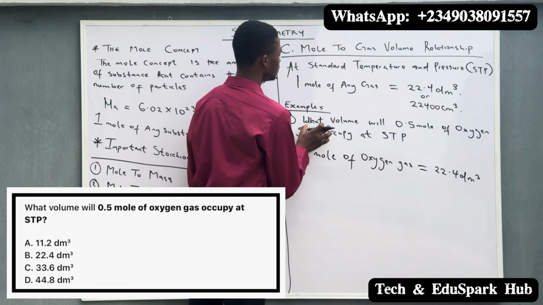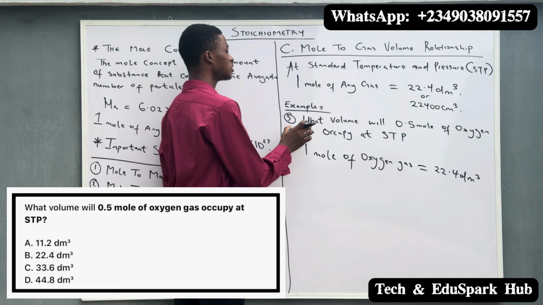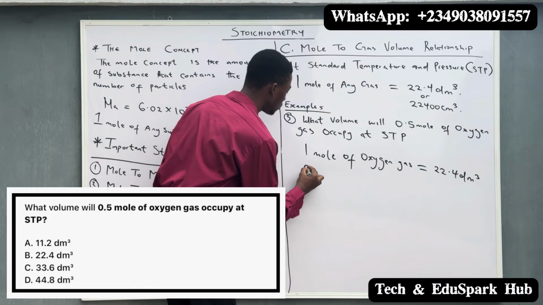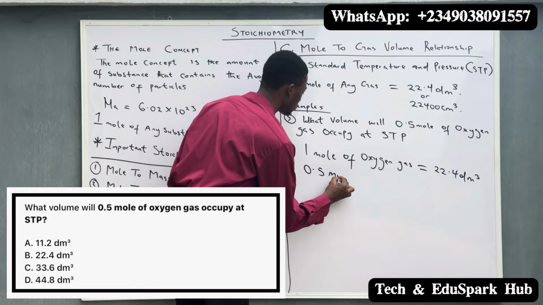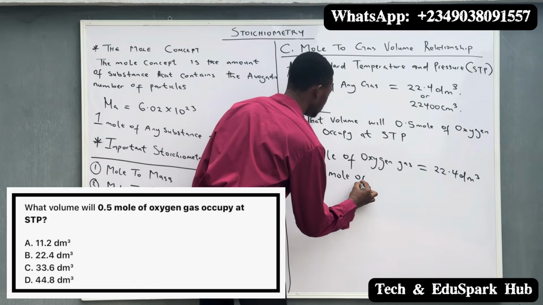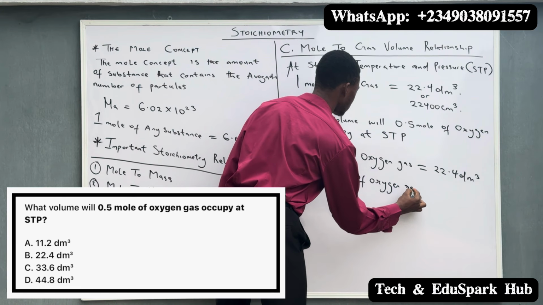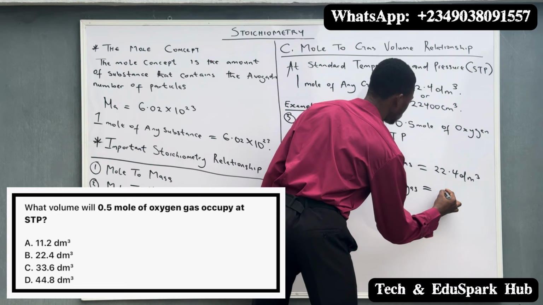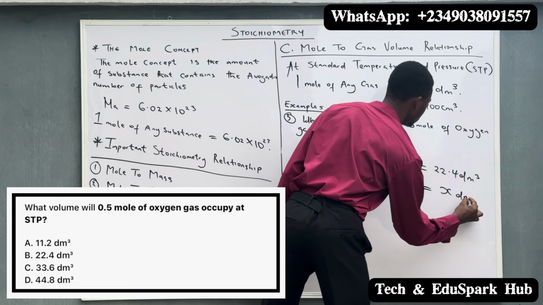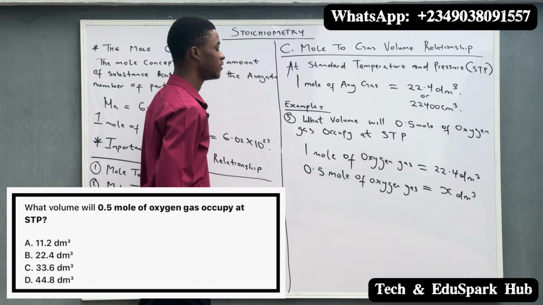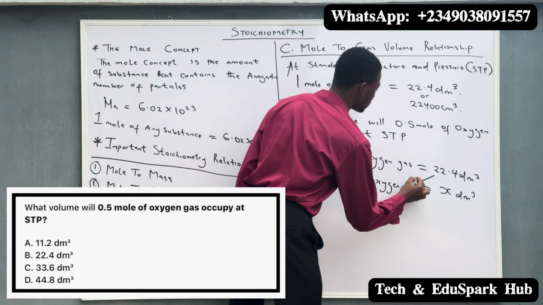So now that we know this, the question is now asking us what volume will 0.5 mole of oxygen gas occupy? Will be equal to x dm cube because we don't know the volume yet. So the question is asking us what volume? So we are asked to calculate the volume. So we can cross multiply as usual.